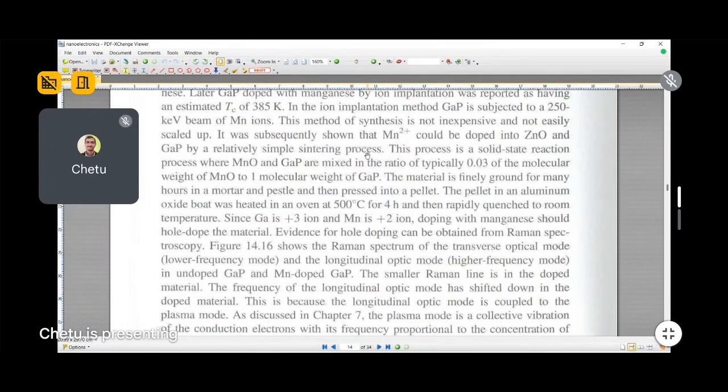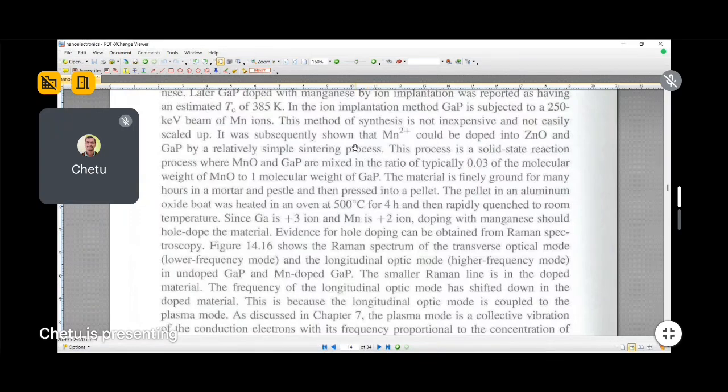Normally the Mn ion sits inside the matrix of the gallium phosphide, and it donates two of its electrons, thereby creating holes, and these holes possess the magnetic property.